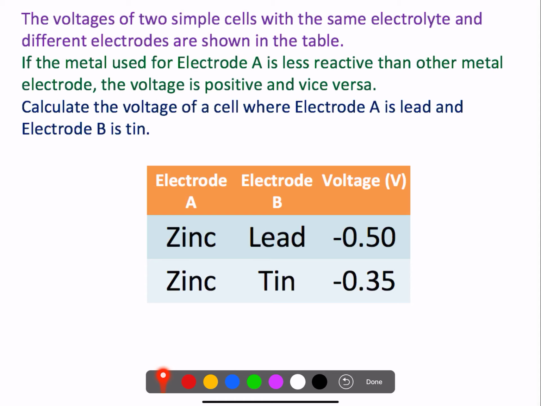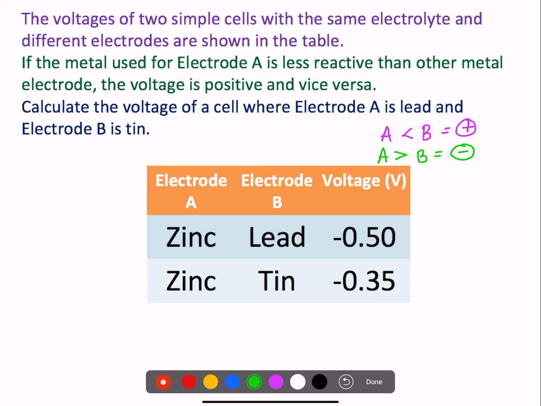Now, if the metal used for electrode A is less reactive than the electrode B, the voltage is positive. So you're going to make a note of that. So if A is less reactive than B, that means you're going to get a positive voltage, a positive answer. And if A, therefore, is more reactive than B, that means you should get a negative answer.